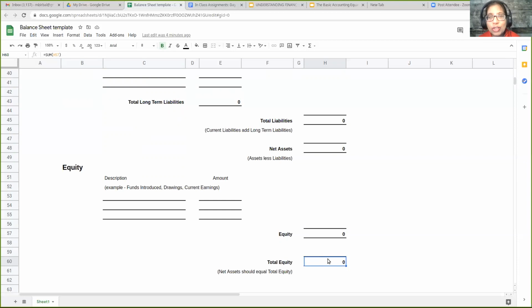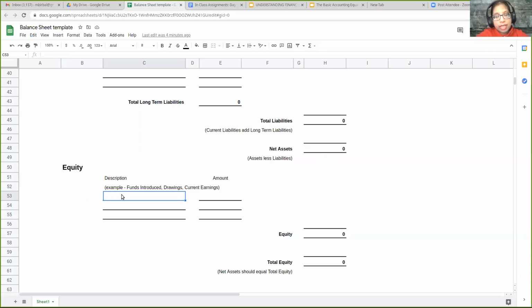So that's how you know that you did the right thing and you put in the figures where they were supposed to be put in. So your total equity must always equal the difference between the assets and the liabilities. Now, your equity would be what the owner invested into the business.